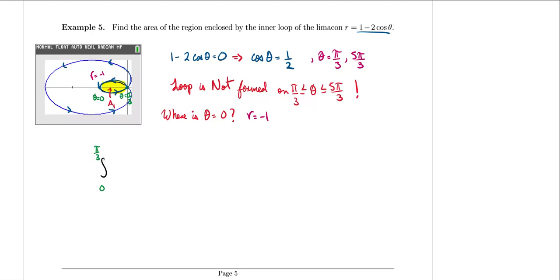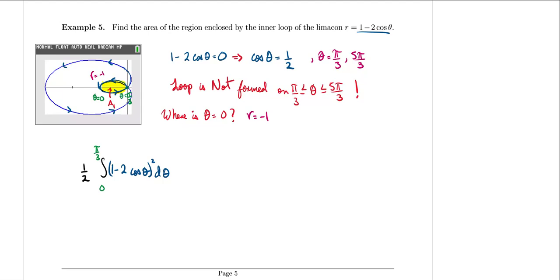So we can set up the integral here. The area is going to be 1/2 times the integral from 0 to pi over 3 for r squared, so (1 minus 2 cosine theta) squared, d theta. And it's not the radius, it's a habit for me to say radius, but it's just r, and it's r squared. Okay.